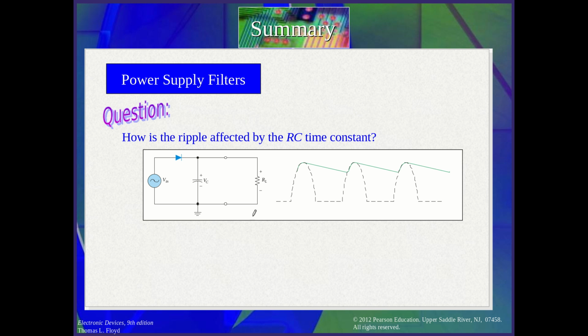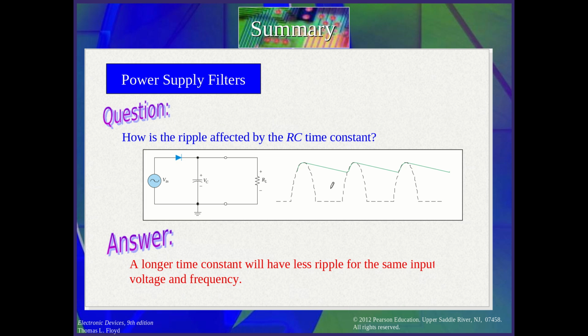Now, how is the ripple affected by the RC time constant? The RC circuit affects the ripples by making the discharge time longer or shorter. We need the discharge of the capacitor to take a long time.